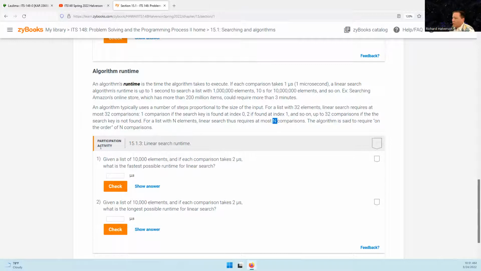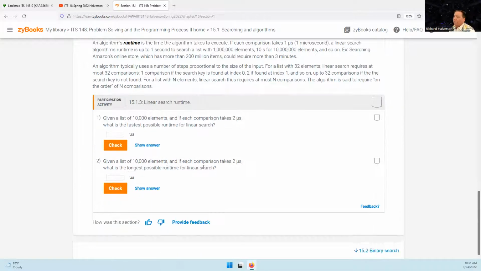The algorithm is said to require on the order of n comparisons. You write it O of n, the order of n. You can answer these questions by multiplying the number of elements times how much time each comparison takes, and so on.